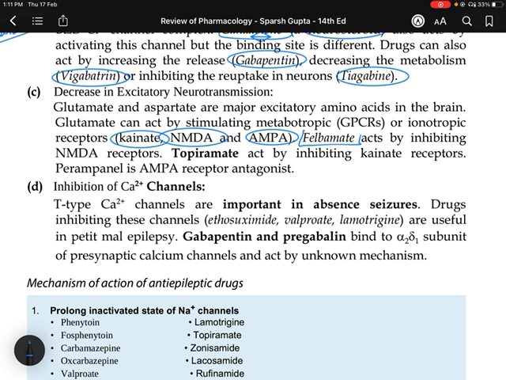Felbamate acts by inhibiting NMDA receptors, topiramate acts by inhibiting kainate receptors, and perampanel is an AMPA antagonist.